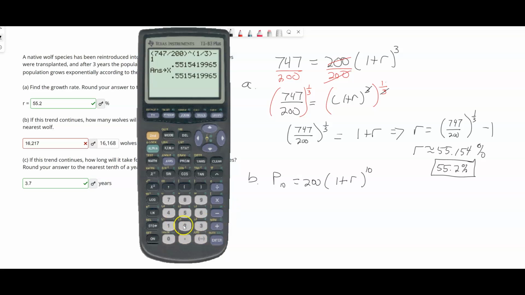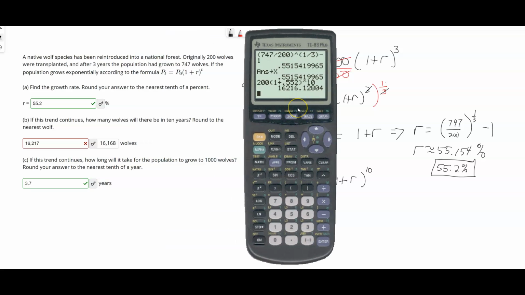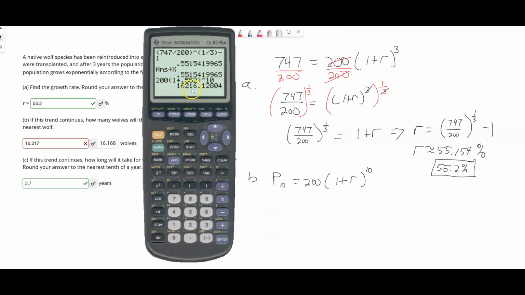And I want to demonstrate if we do 200 times 1 plus 0.552, which is the rounded answer they asked for in part A in decimal form, I get the answer that the student went for, and it was marked wrong. It should have been rounded down to 16,216.